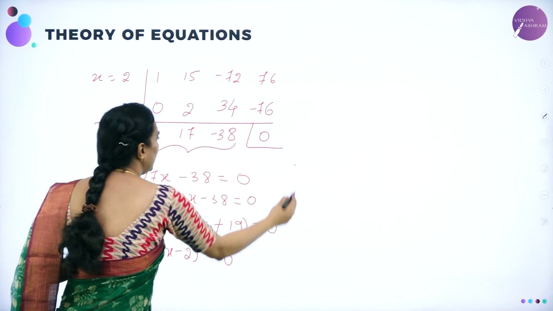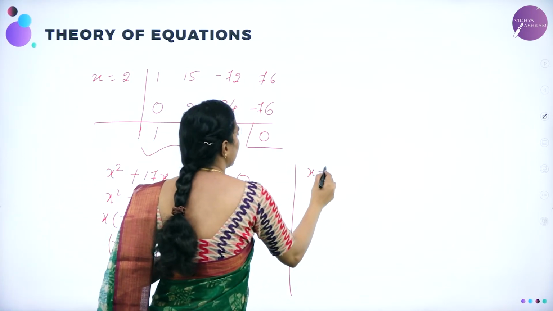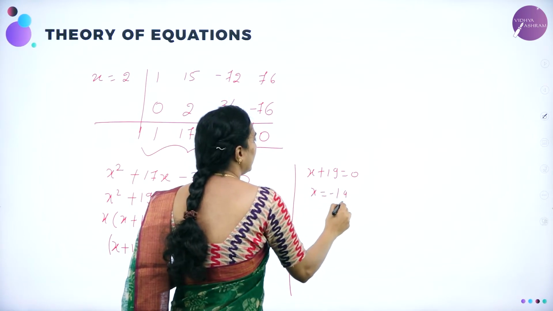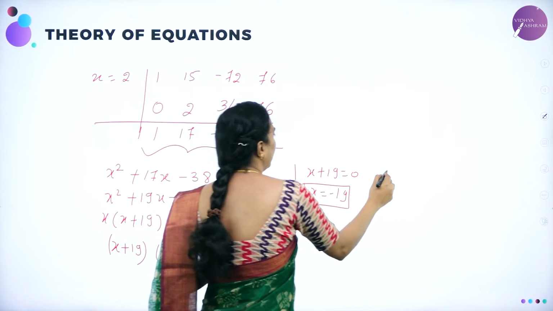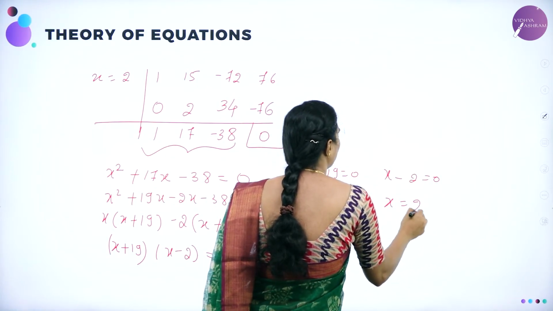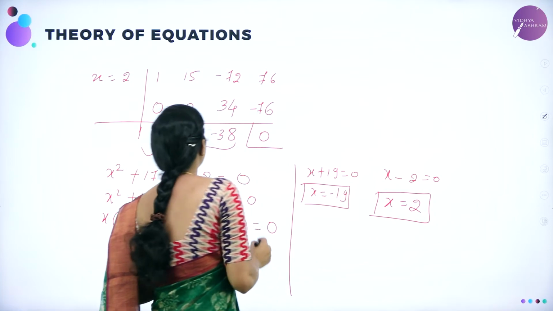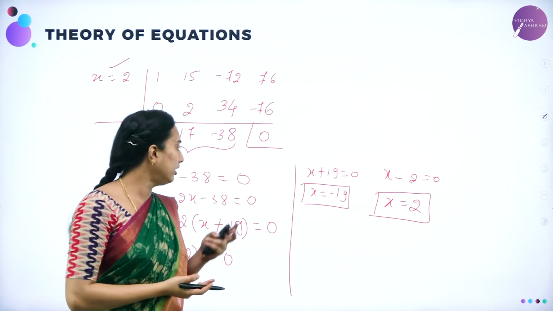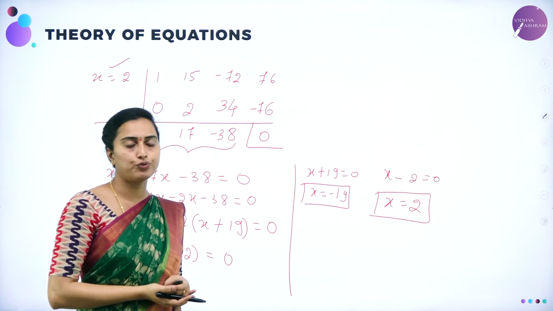Now equating each, you are going to get x plus 19 equal to 0, x is equal to minus 19 is one of the roots, and x minus 2 equal to 0, x is equal to 2 is another root. So x is equal to 2 and minus 19 are the roots of the equation.